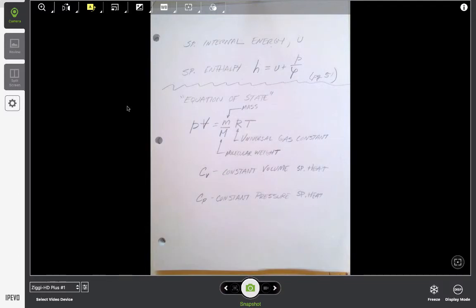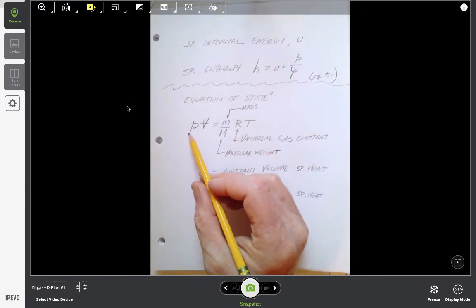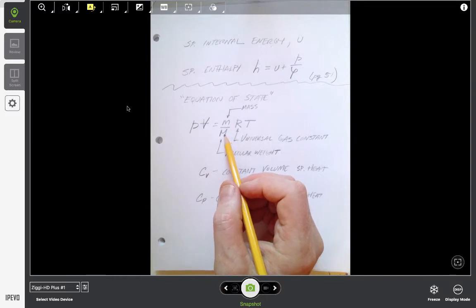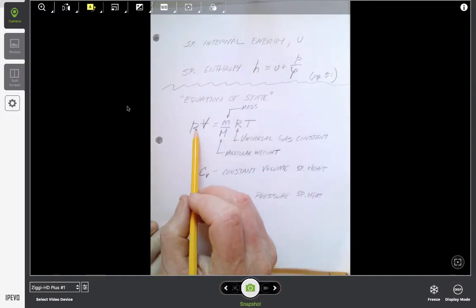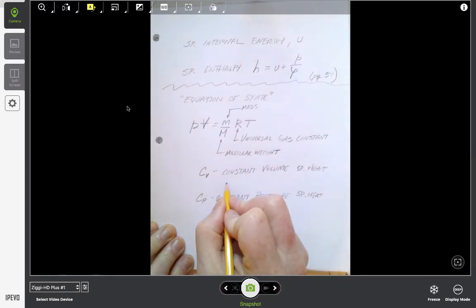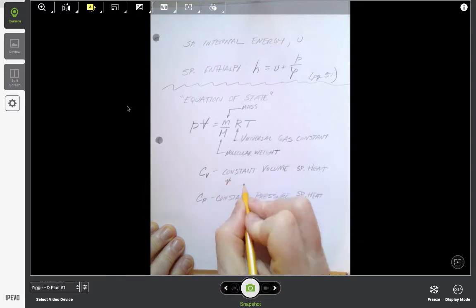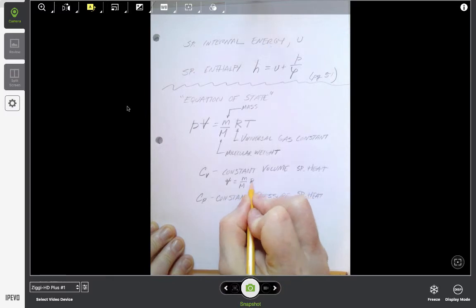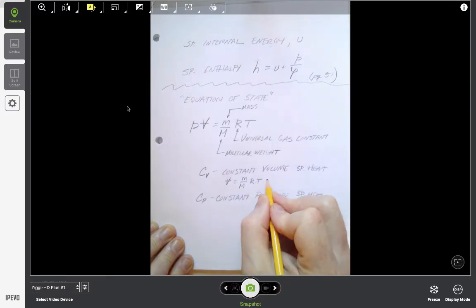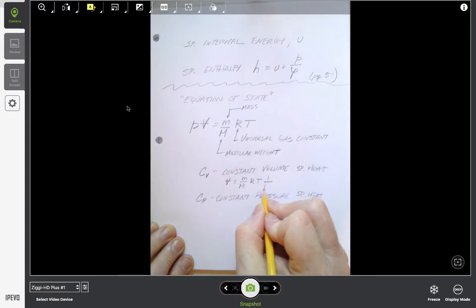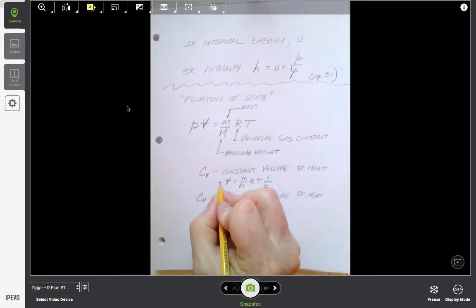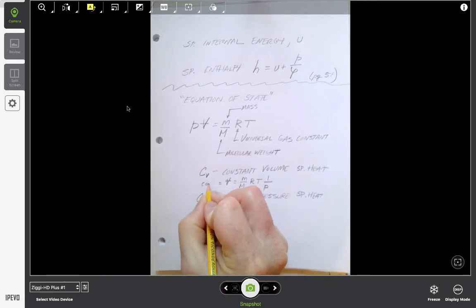Let's examine, just discussion-wise, the behavior of that. If we have the constant volume case, we have the volume equal to M over M R T times 1 over the pressure, and constant volume means that's a constant.